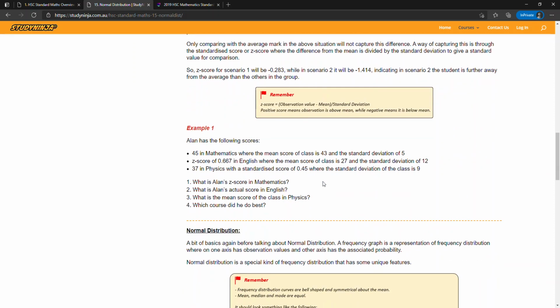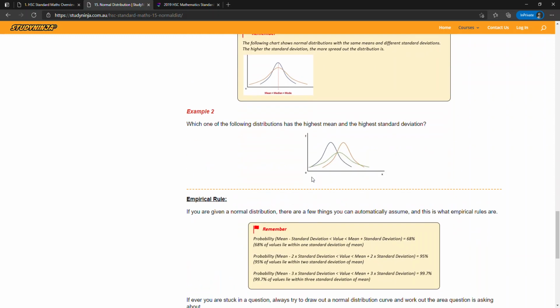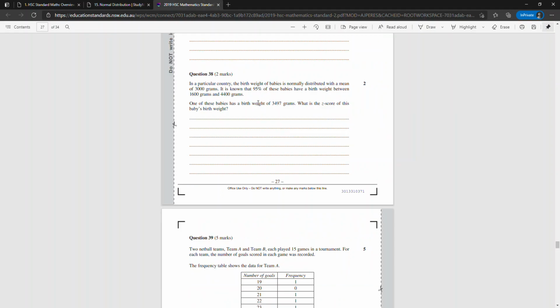So here you would see what percentage of the values lie between certain values of normal distribution. What it's saying is that between 2 standard deviations below the mean and 2 standard deviations above the mean lie 95% of the values. So these kinds of empirical rules are something that you will need to use here. So let's do the question now.